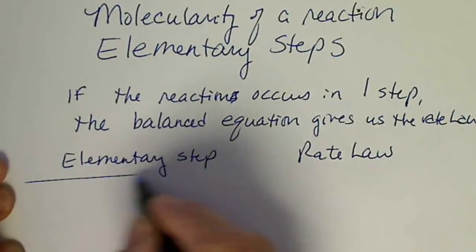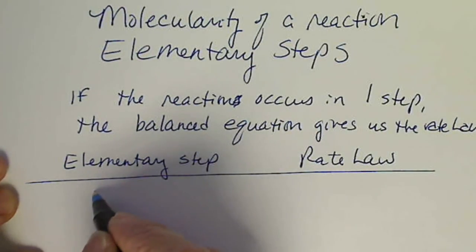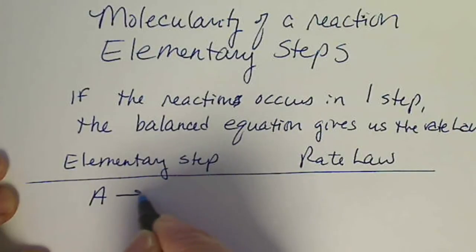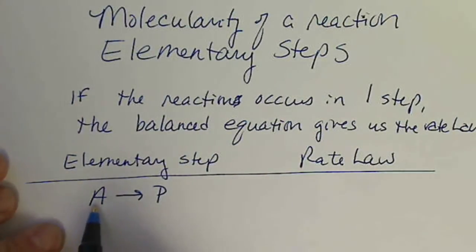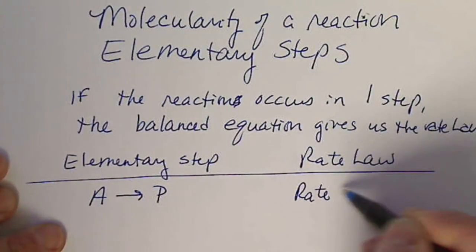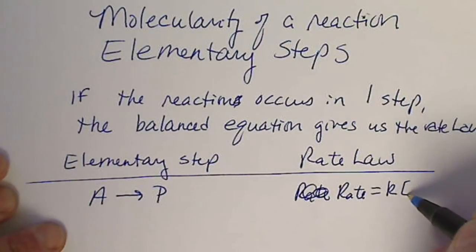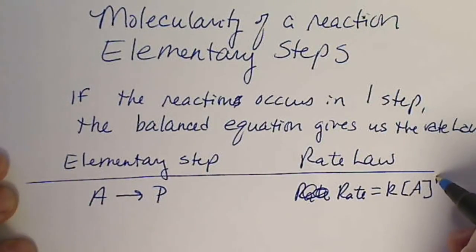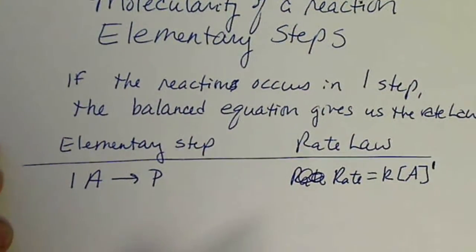So let's say, for example, we have a reaction in which compound A goes directly to products, and we only have 1 mole of A, so we could write the rate law. Rate equals k[A] to the first power, because we only have 1 mole of A.